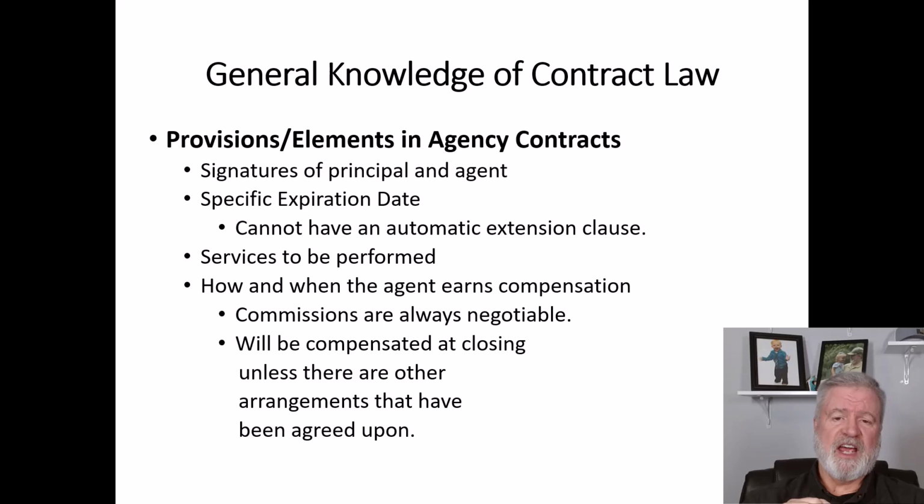But then they'll have a statement that says, if the principal really wants this contract to expire on September 15th, then you must notify the agent within 30 days of it expiring, or some other number, in writing. Otherwise, it will automatically extend for another 6 months or a year or whatever they put there. That's just some automatic extension clause.